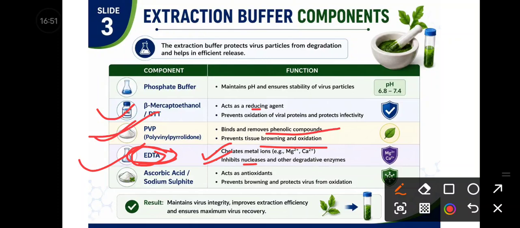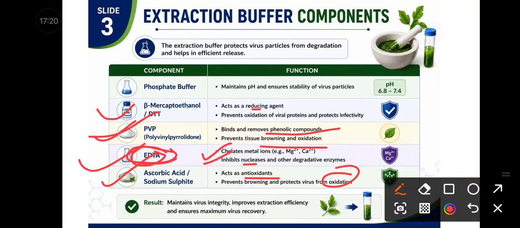Next is the most important, ascorbic acid or sodium sulfide. So why is it used? It is an antioxidant. Antioxidant means it prevents and protects the virus from oxidation. Actually, this ascorbic acid was asked in CSIR NET 2022 or 23, I think, in an assertion reasoning type question.